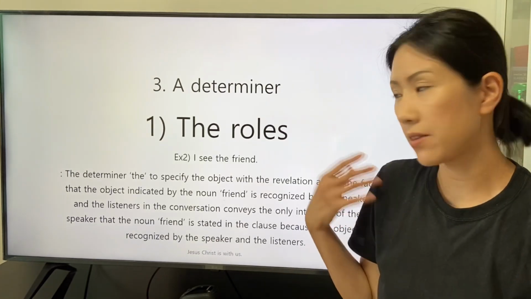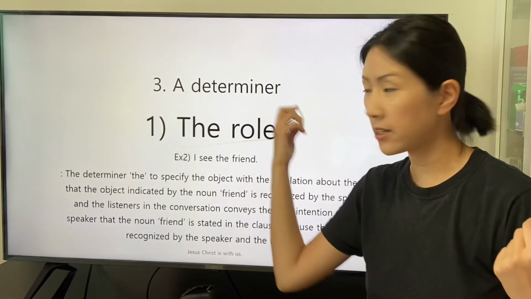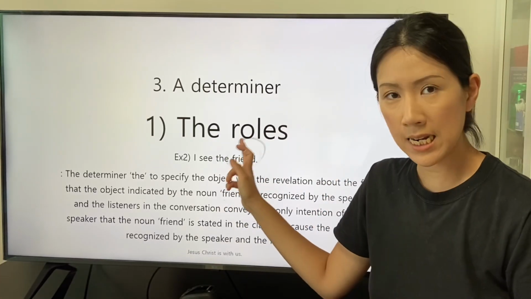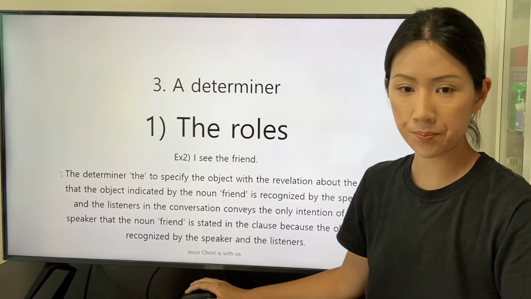So we can understand that there must be prior context to say about the object indicated by the general noun friend.